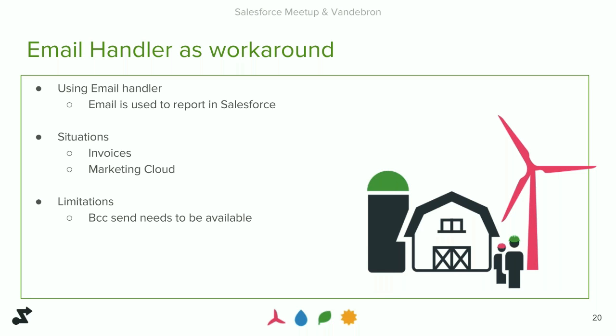So it's not an actual program or anything. It's just a way to report the emails in Salesforce. And you're using MailChimp to send marketing? No. Yeah. So this is the one way we cannot use email handler. So if we use MailChimp, there's no way we can track them back or put them back in Salesforce.